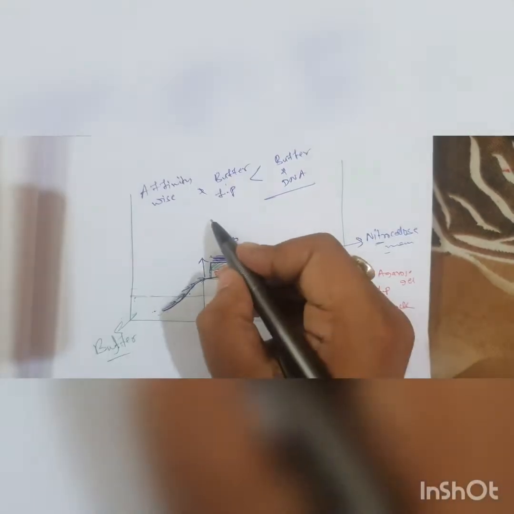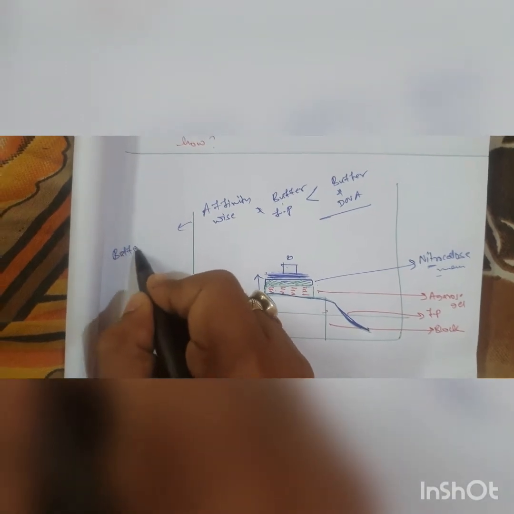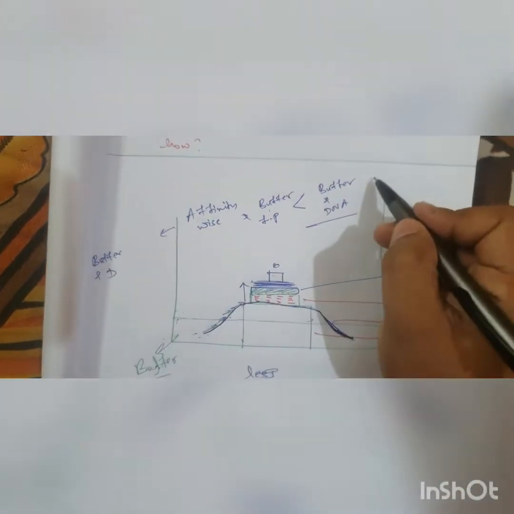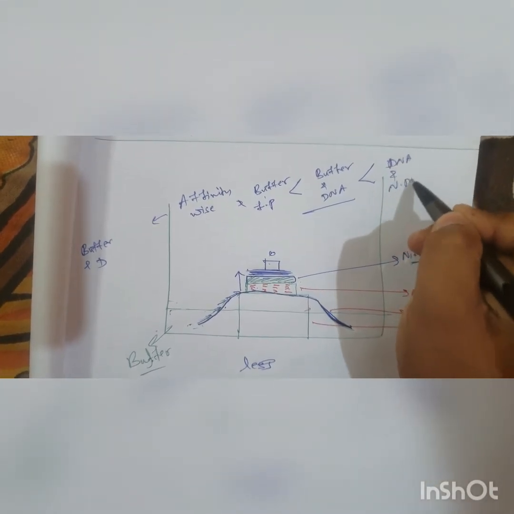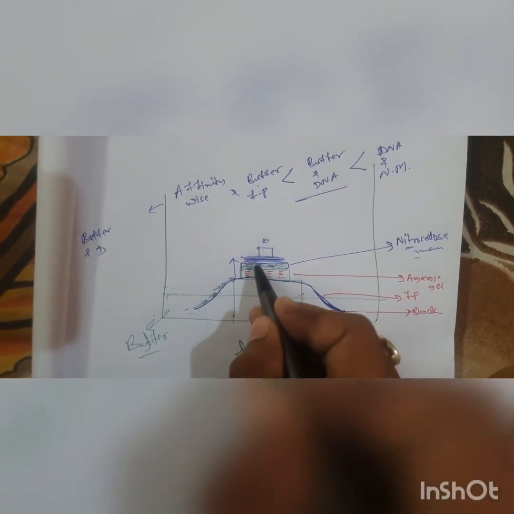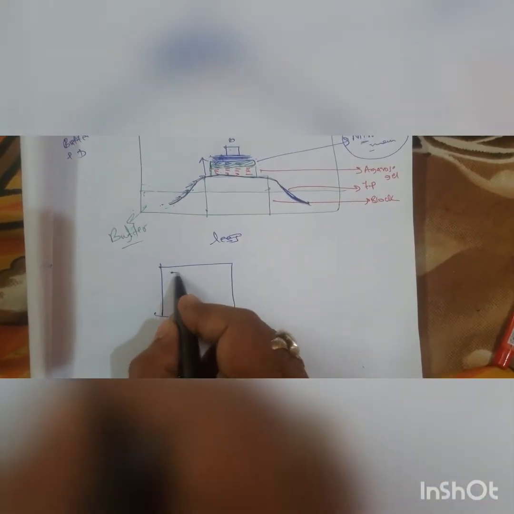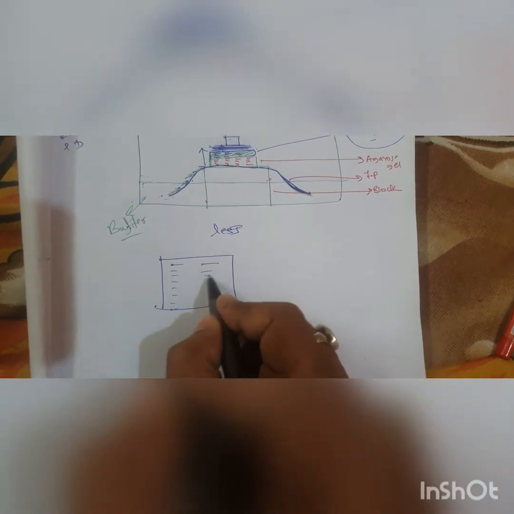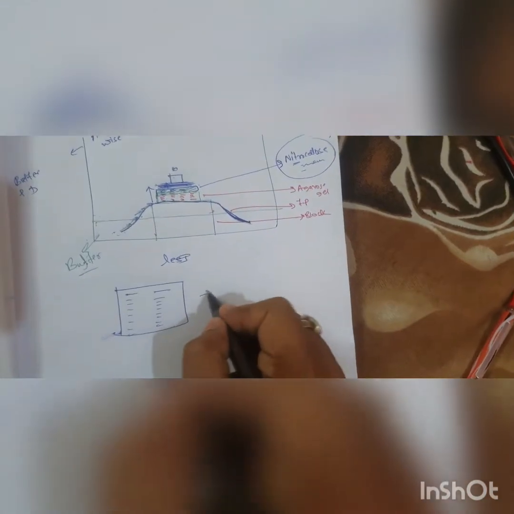Then again, the affinity of buffer and DNA is less than that of DNA and nitrocellulose membrane. So the DNA will remain in the nitrocellulose membrane and the buffer will move up. In this way the same pattern you have obtained in the agarose gel will be transferred to the nitrocellulose membrane and it can be stored now.